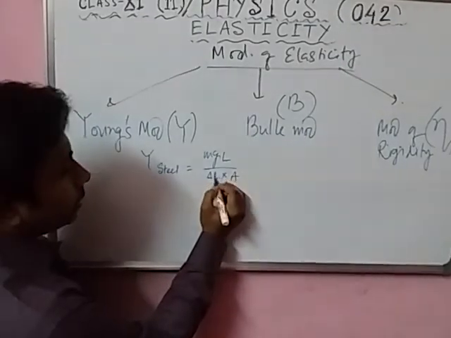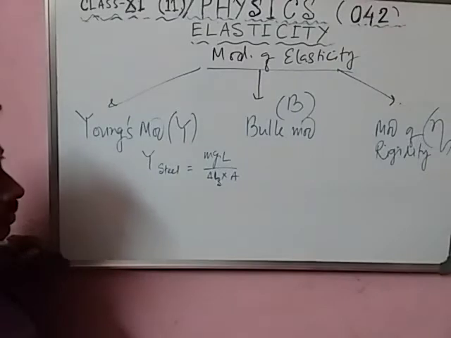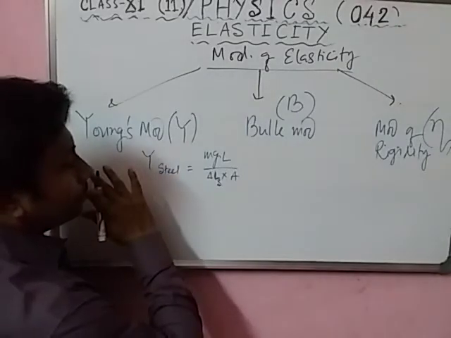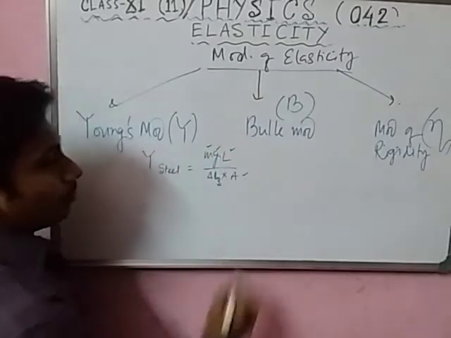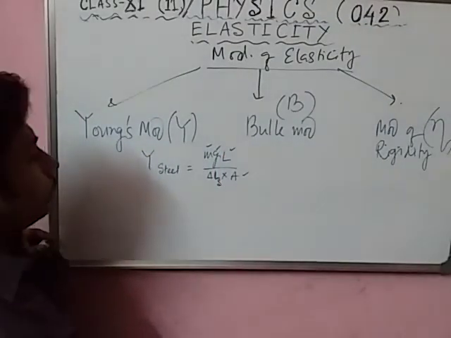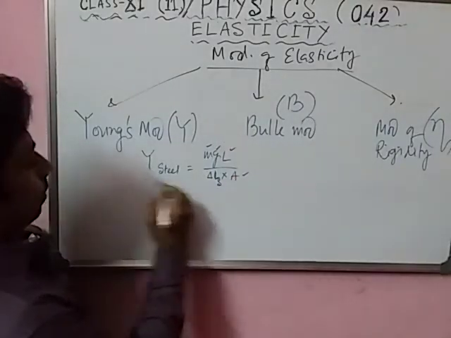Suppose the elongation of steel is delta Ls, and take equal length, equal area, equal mass, equal g. You know g is constant for both cases, steel and rubber. So what about rubber?